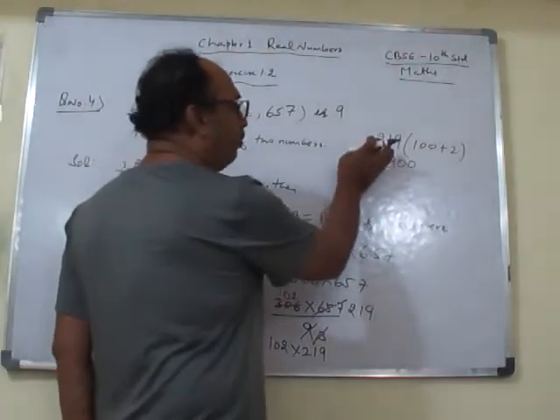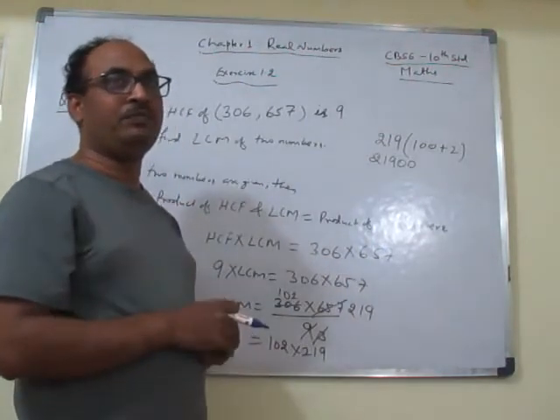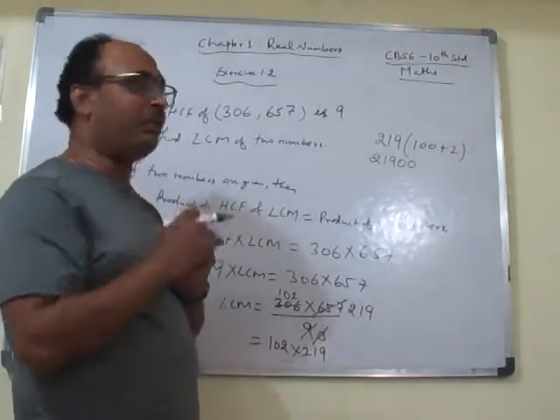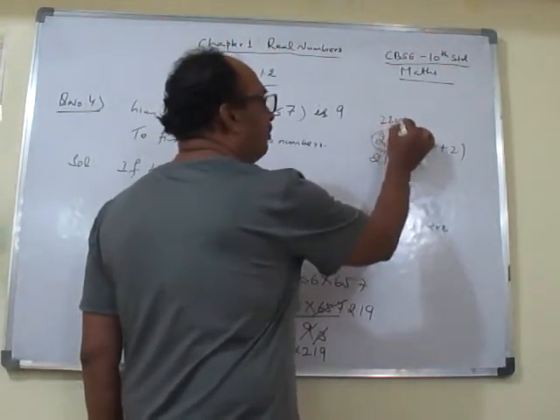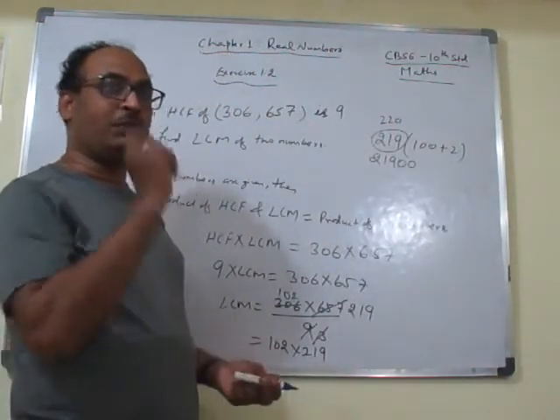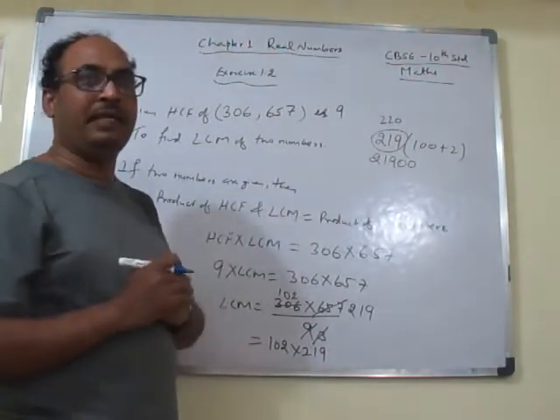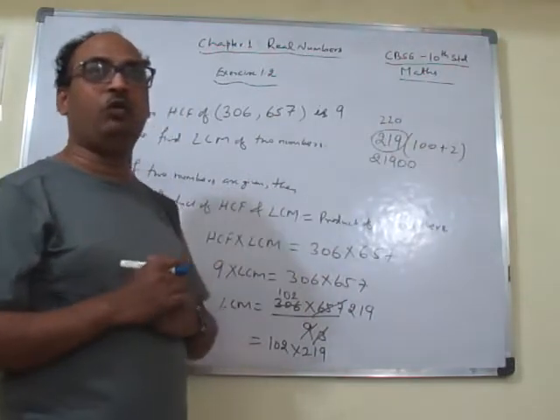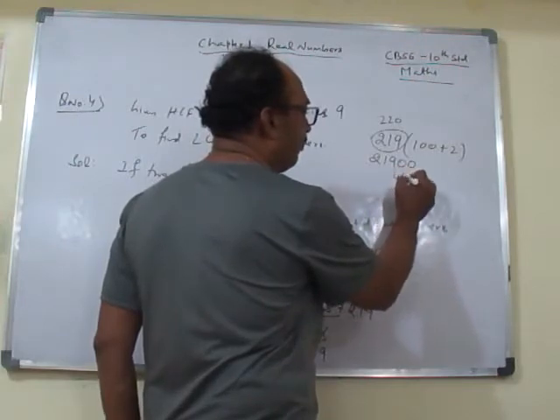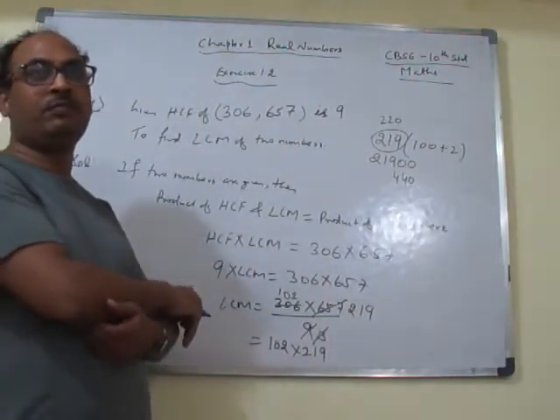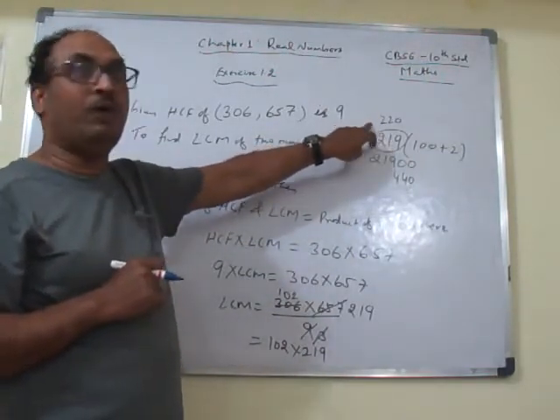Now, to multiply 219 into 2, apply a little logic. For a small interval of time, you just think that it is 220 and not 219. And if you are multiplying 220 into 2, then it is 440. Now here, 1 less was there. We assumed 1 more.